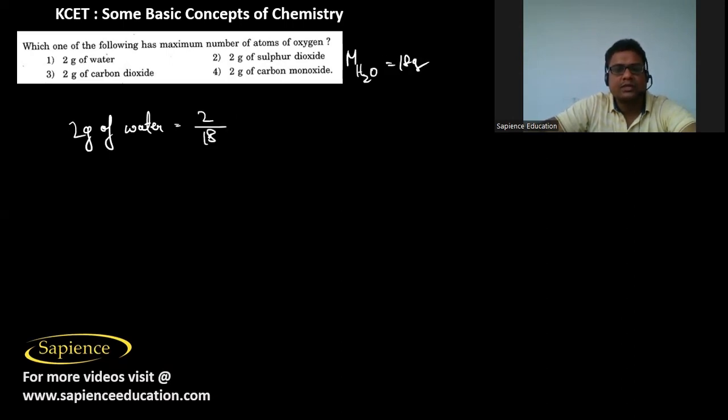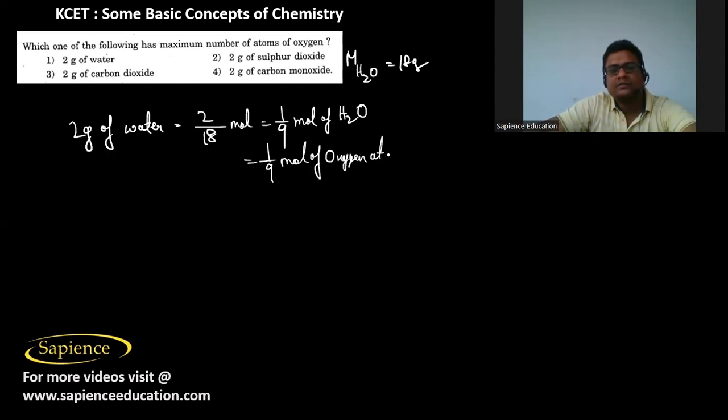So it is 2 by 18 moles, that is 1 by 9 mole of H2O, which will also contain 1 by 9 mole of oxygen atoms. 1 by 9 is approximately 0.111 mole.